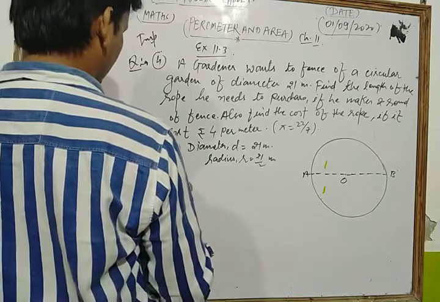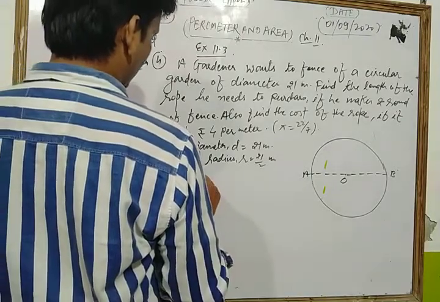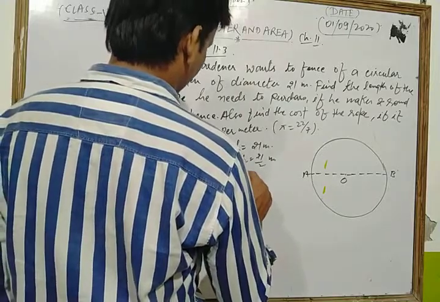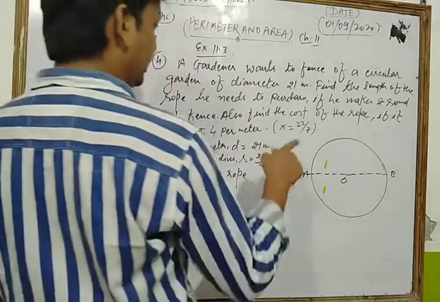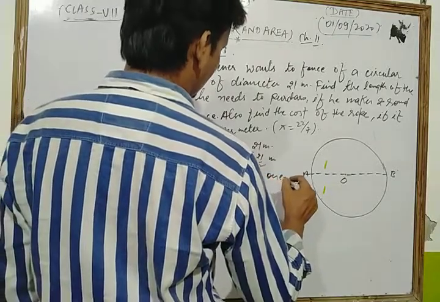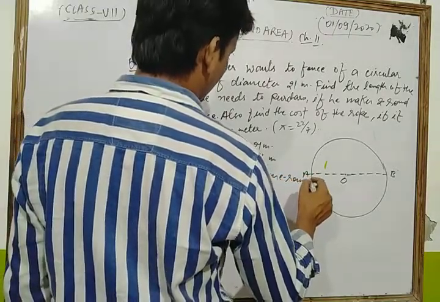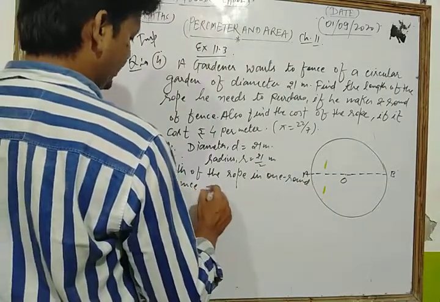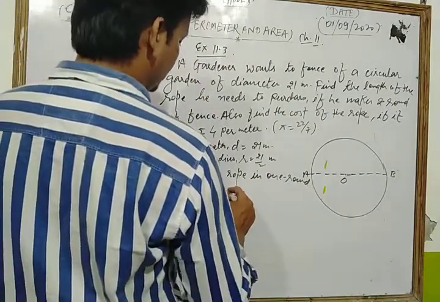Since the length of the rope in 1 round of fence is equal to the circumference of the garden.